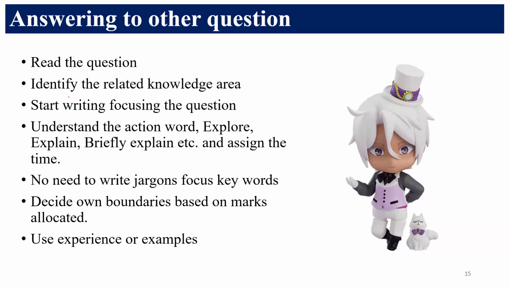So you have to take a decision about what sort of answer you are going to give and what sort of marks you are going to get. You have to use your own judgment.